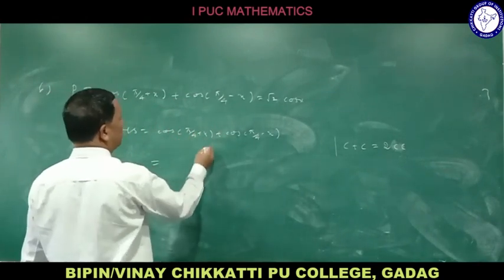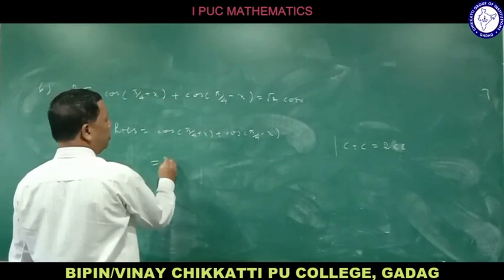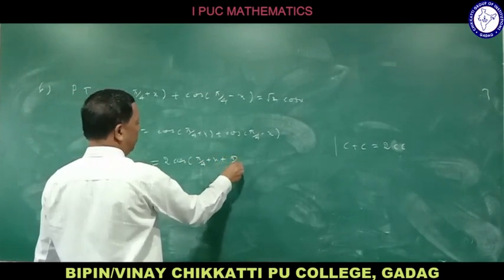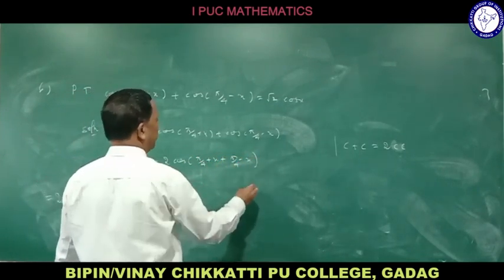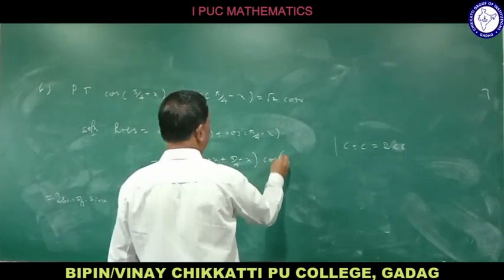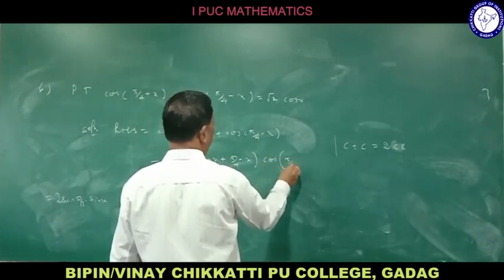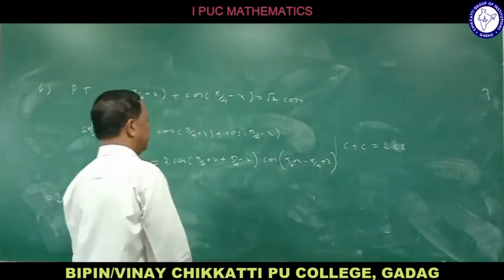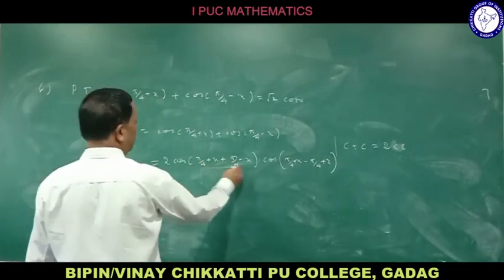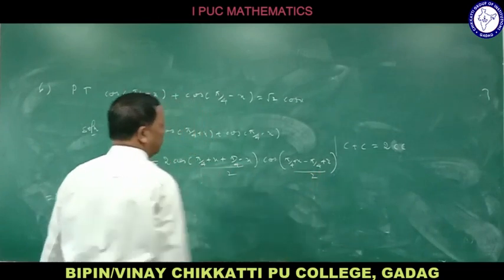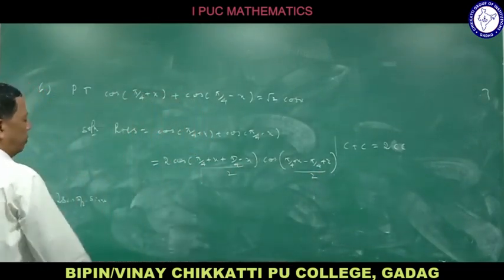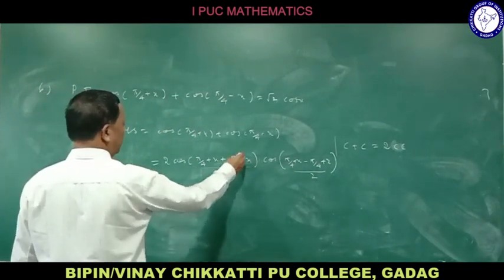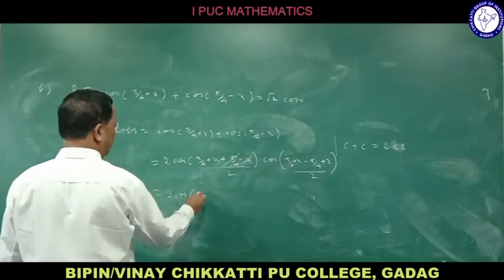Cos C plus cos D: 2 cos of (pi by 4 plus x plus pi by 4 minus x) divided by 2, and cos of (pi by 4 plus x minus pi by 4 plus x) divided by 2. What terms are cancelling here? The x is cancelling.